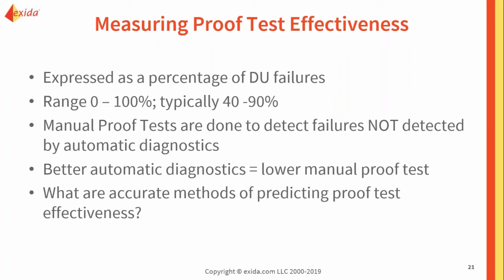Will that proof test detect each component failure or not? Exida does this instead of doing the test like the end users could do. Exida does this with pencil and paper during the FMEDA process, or the failure mode effect and diagnostic analysis process.